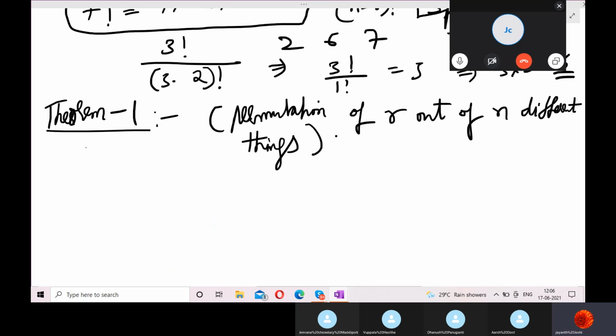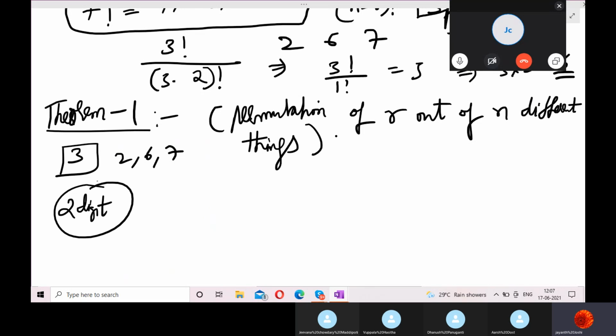So here we had three numbers 2, 6, 7, and we want to arrange 2-digit numbers from these three given numbers. So we arranged and we got 6 as the answer. 6 arrangements can be done. I am proving that with the help of a theorem. So permutation of r out of n different things means arrangement of 2-digit numbers out of 3 numbers.